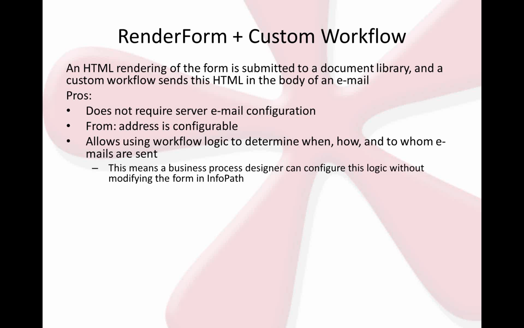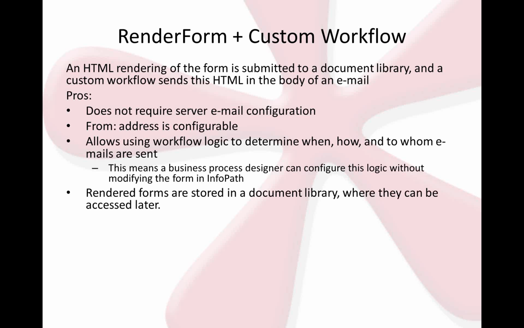And one consequence of this is that business process designers can set up their workflows and determine when the email is sent without having to do anything in InfoPath. As long as InfoPath is rendering the forms and sending them to that document library, then the business process designer can configure when to use them.